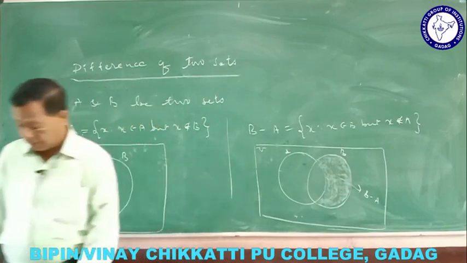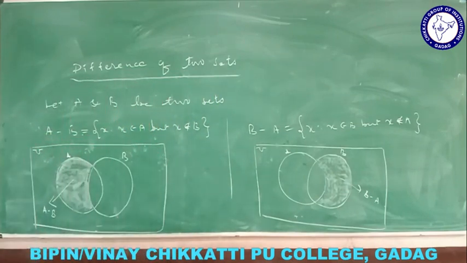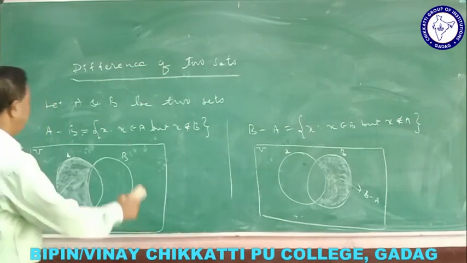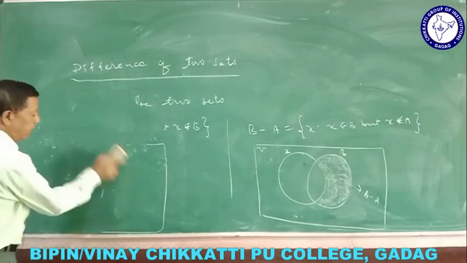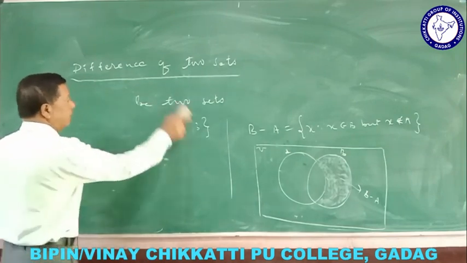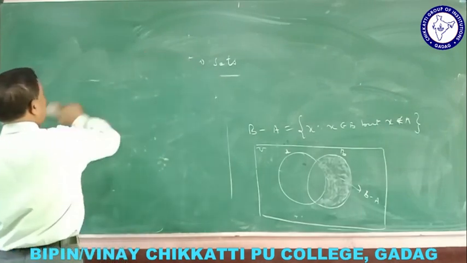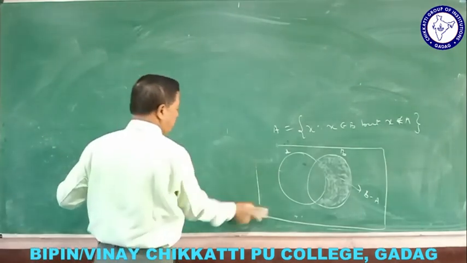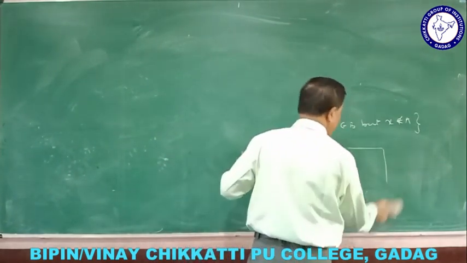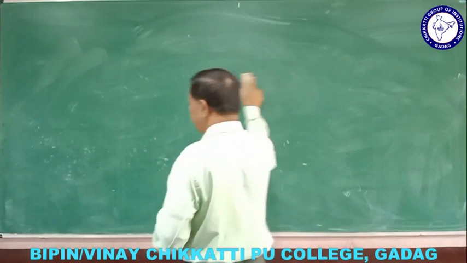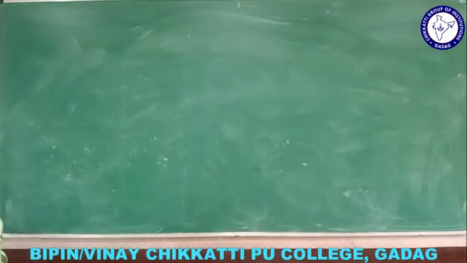While completing the difference of two sets, usually you have to write it in set builder form, which I have already explained. Now we take the difference of two sets in a specific order, and thereby I want to mention the word disjoint again. A minus B, B minus A, and A intersection B are mutually disjoint.